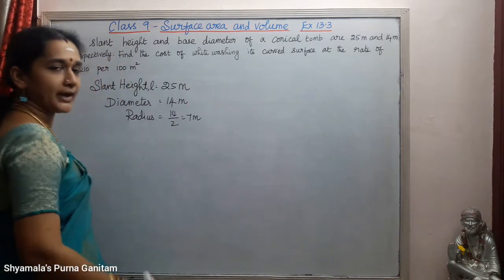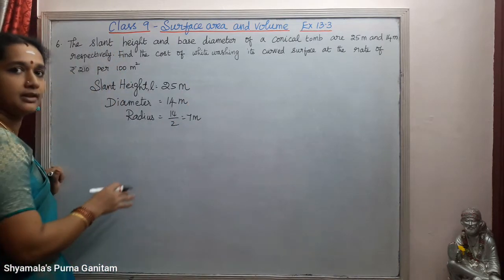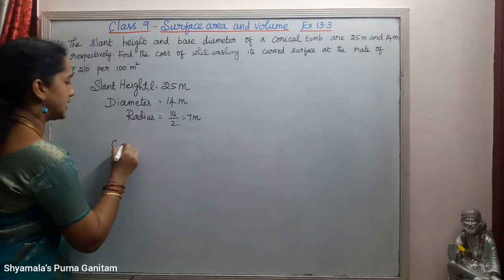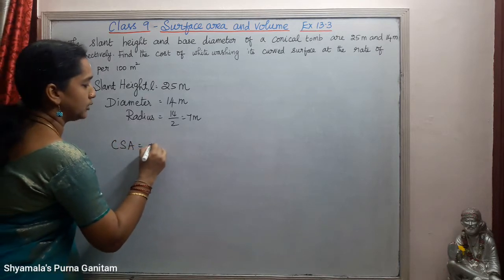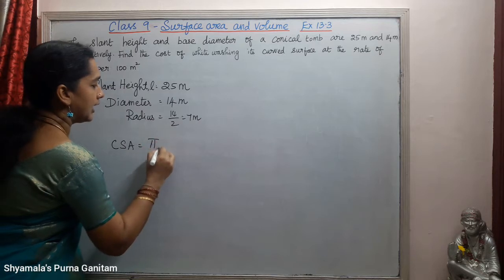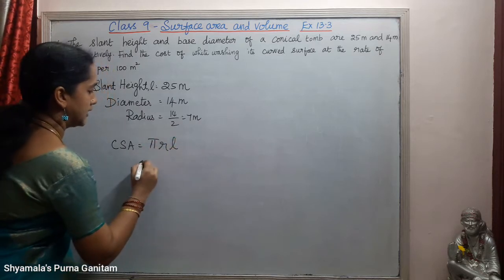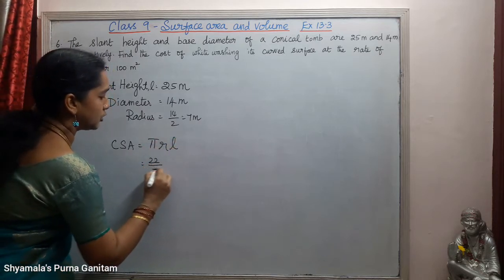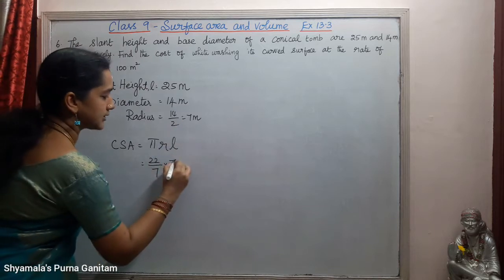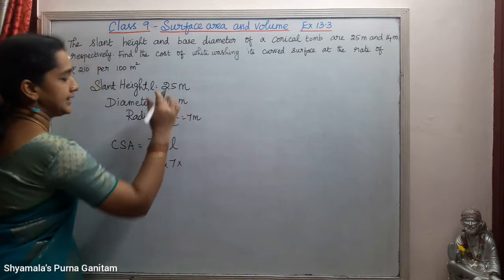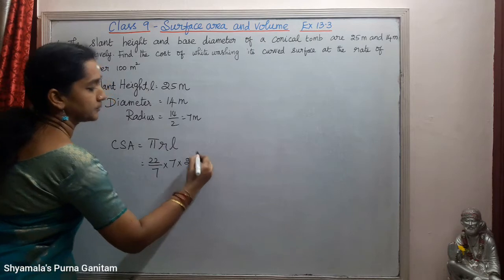So we are asked to find the curved surface area of this conical dome. So CSA is equal to pi r L. So this is equal to 22 by 7 into r is 7 and slant height is given as 25.